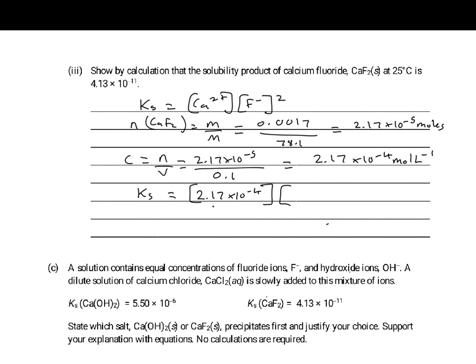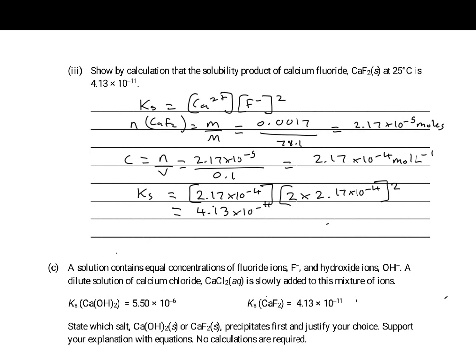And if you look back to your original equation, for calcium fluoride, you produce 2 lots of fluoride ions. So the concentration of fluoride ions is 2 times 2.17 times 10 to the minus 4. And we still have to square it because the definition of your Ks expression is to have it squared. So chuck that in your calculator, you'll end up with 4.13 times 10 to the minus 11.